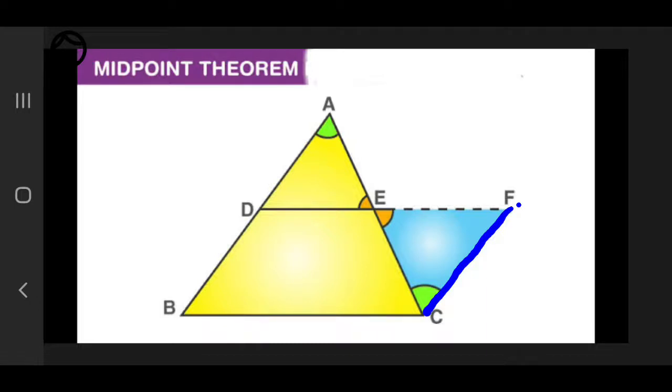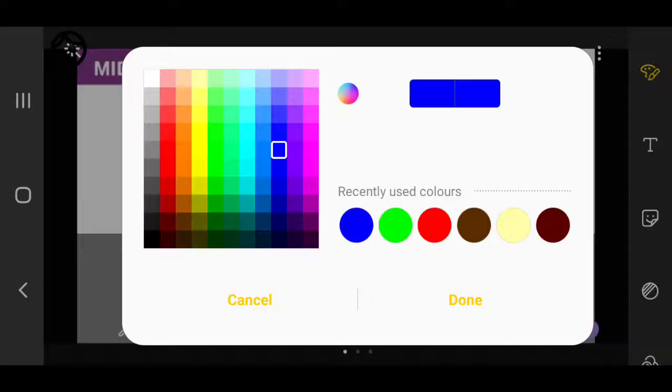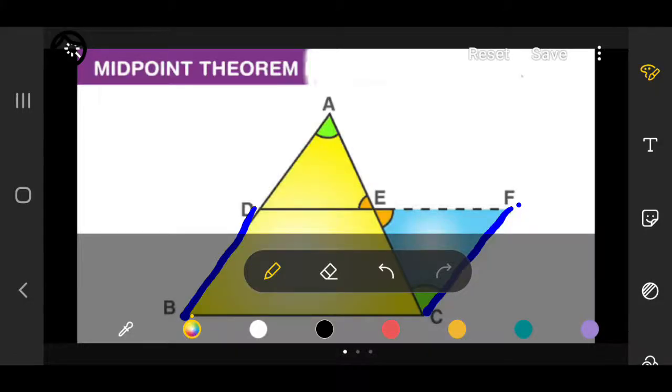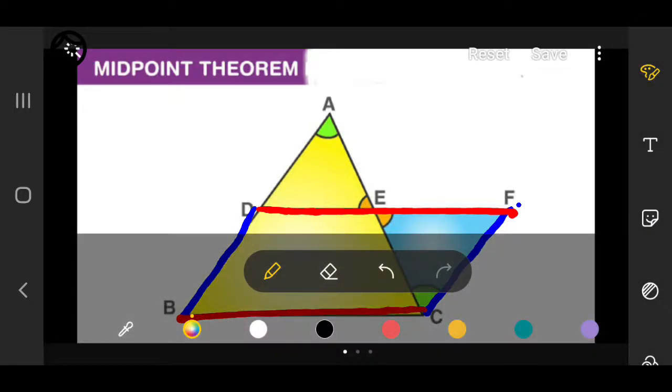So, what we can tell, CF is parallel to DB. CF parallel to AB means CF is parallel to DB. Now, you can see a quadrilateral, DFCB. You can see a quadrilateral DFCB.